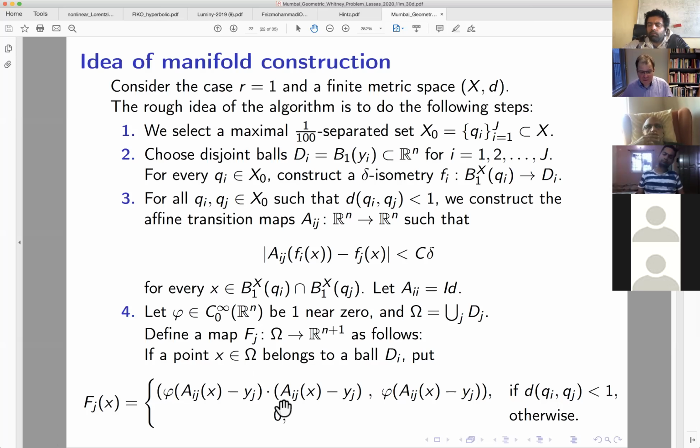We take this affine map multiplied by the cutoff function, and then we add to this sequence the knowledge of whether this cutoff function has value 0 or is positive. So these are local embeddings.